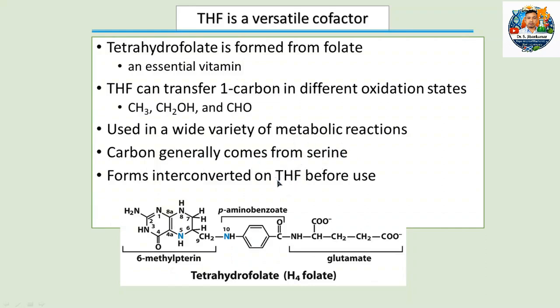There are different forms of this tetrahydrofolate which are mostly interconvertible to one another. For example, one form can be used to carry a methyl group, one a primary alcohol group, and another an aldehyde group.